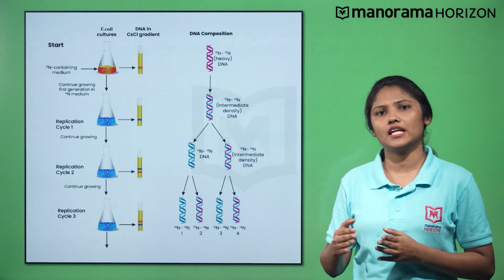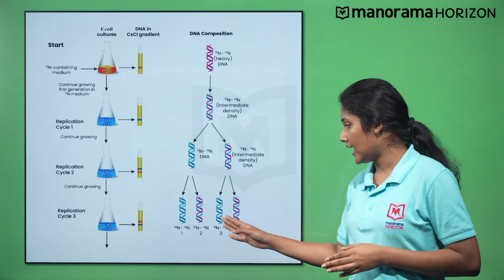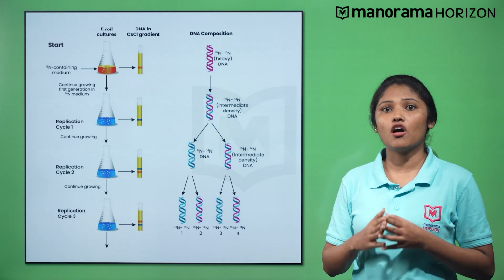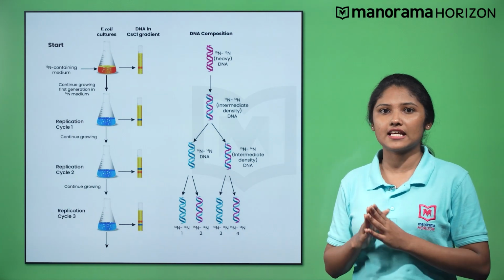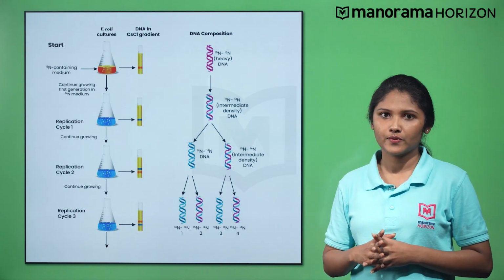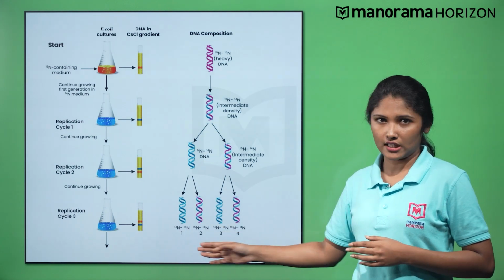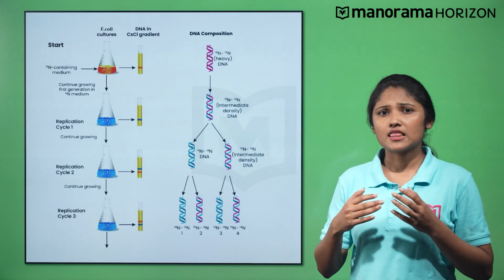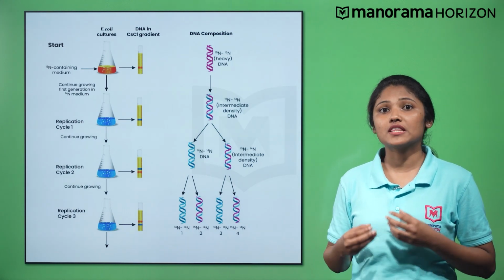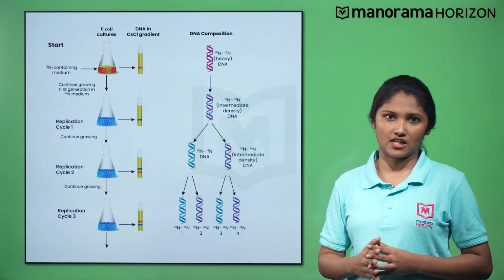The rest 2 DNA molecules labeled 1 and 3 consisted of newly formed light density DNA strands only. The newly formed DNA strands are shown in blue color. So, the results were consistent with semi-conservative replication.